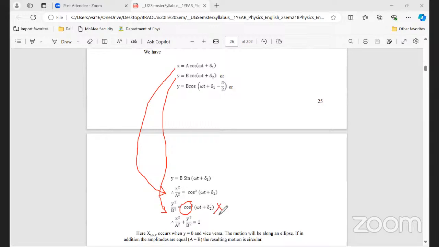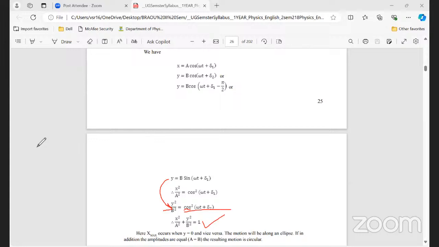You have to consider this equation. This is not cos, it is sin square. y by b whole square equals sin square of this. By adding, x square by a square plus y square by b square is 1. Why? Because cos square theta plus sin square theta is 1. Is it clear? You can correct it in your textbook.